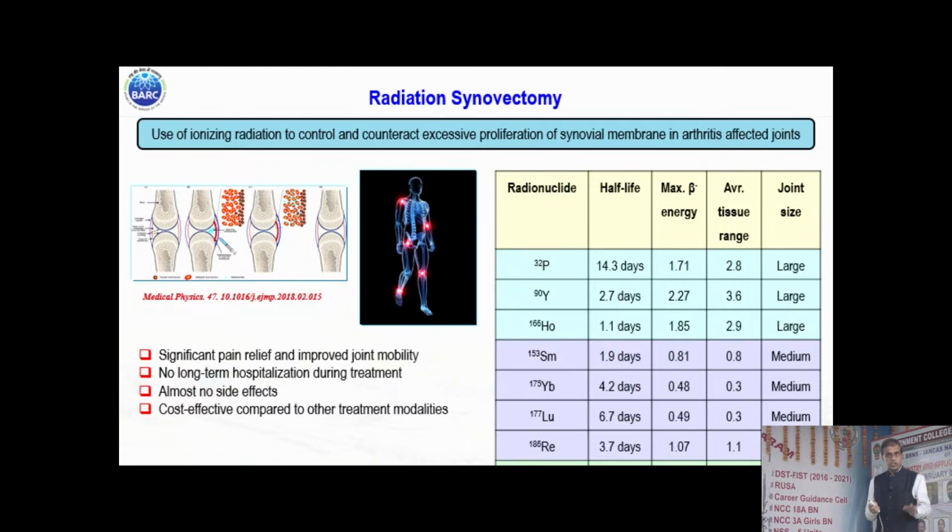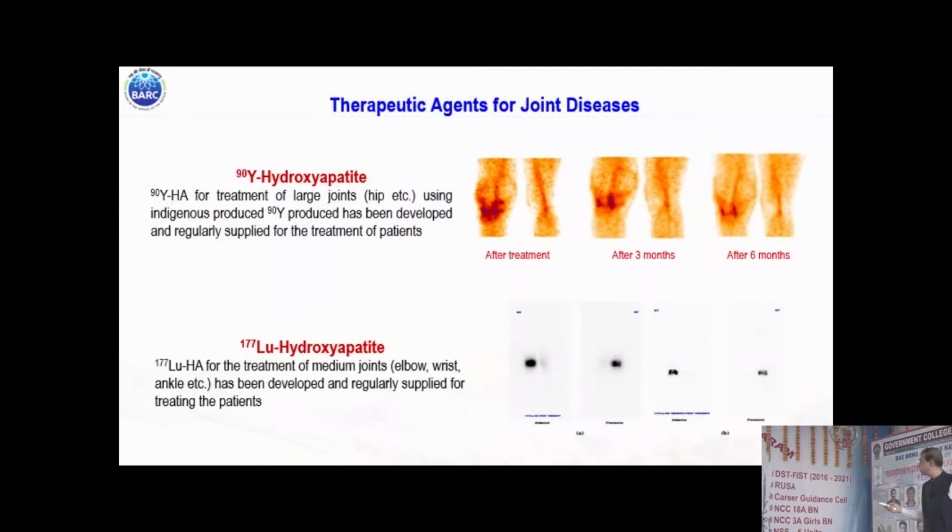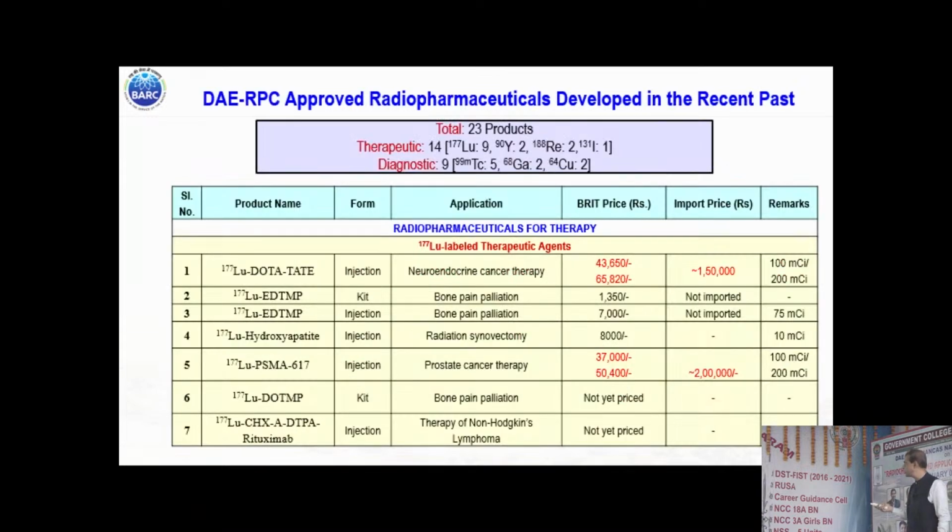And for the small joints, we are yet to get it, we are working on it, but we need the regulatory clearance before we can give it to the patients, that is 169 erbium HA. So, these are the two things that we are regularly supplying to the patients from the Board of Radiation and Isotope Technology.